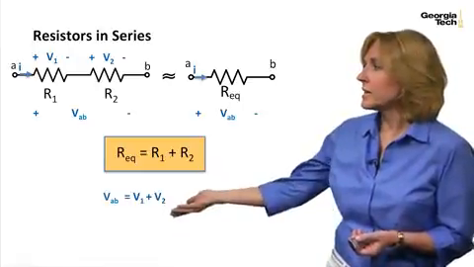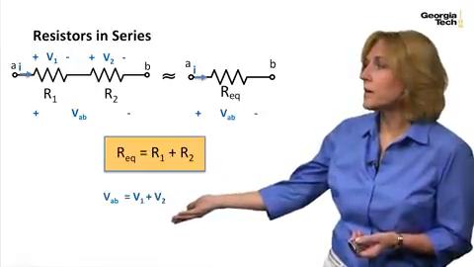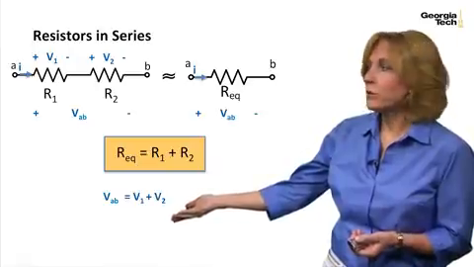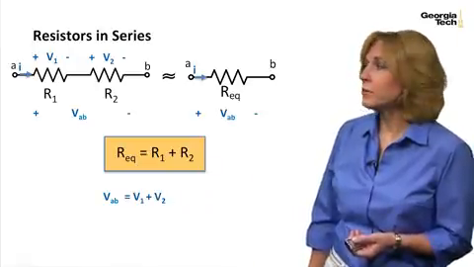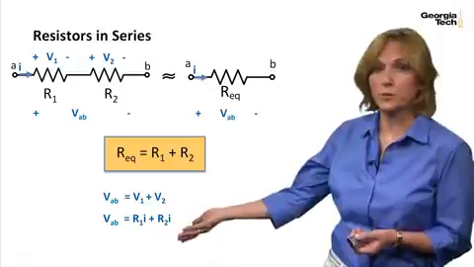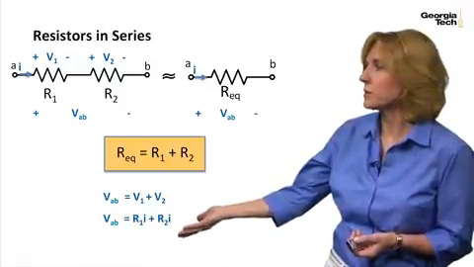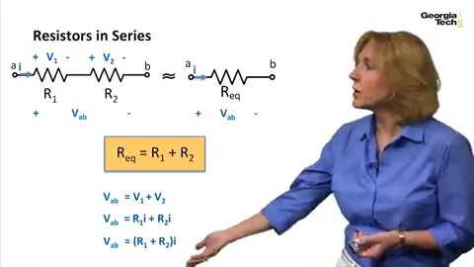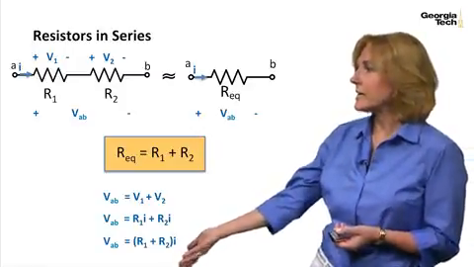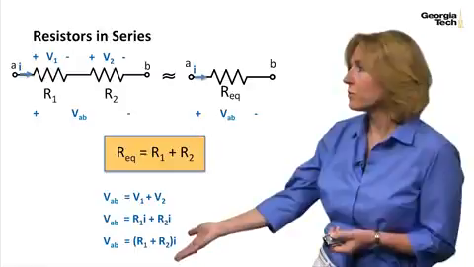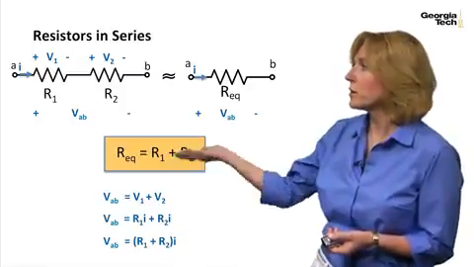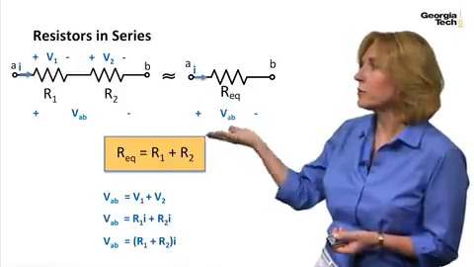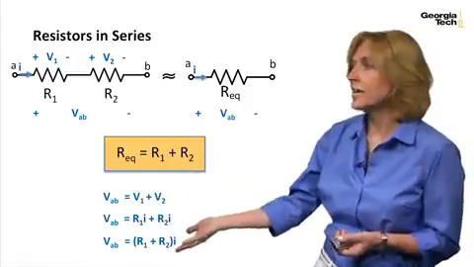That means that the total voltage V sub AB is equal to V1 plus V2. And then if I use Ohm's law, I make a substitution in terms of these resistors times the current in there. And then I can just simplify the expression. And what I now have here is this relationship, a current voltage relationship, where if I say that Req is equal to R1 plus R2, I get Ohm's law.